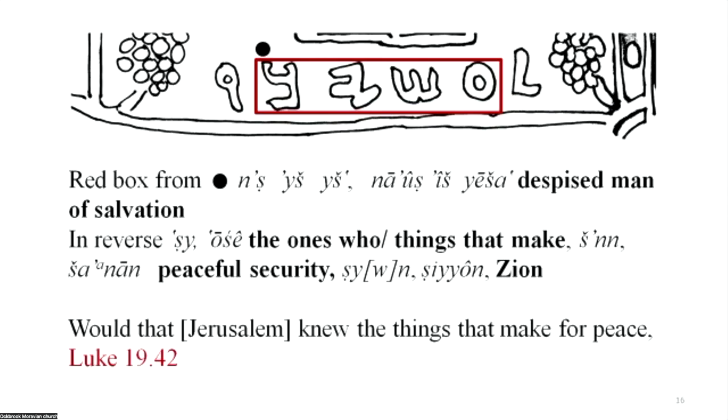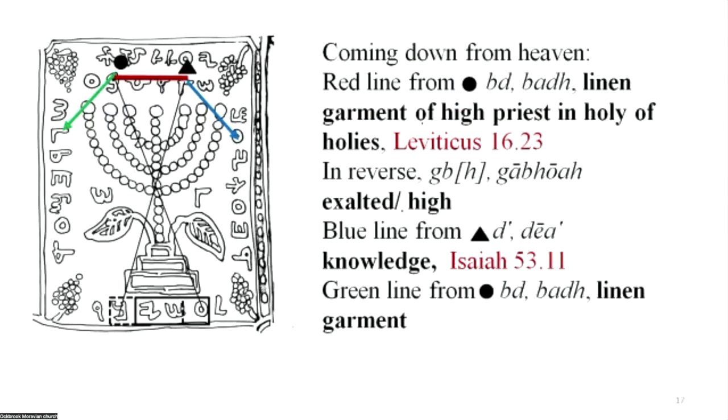Where does that come from? Now, coming down from heaven already, we've had the knowledge and we have had the garment of the high priest. And here you see the high priest's garment, and we shall look at this again later, actually originating up in heaven. That red line across is also the word bud. If you look at it, you'll find that where the red line and the green line meet, you've got something that looks like the Roman figure 9, that's the B. And then if you read the line to the right, you've got the right angle letter, that's the DG.